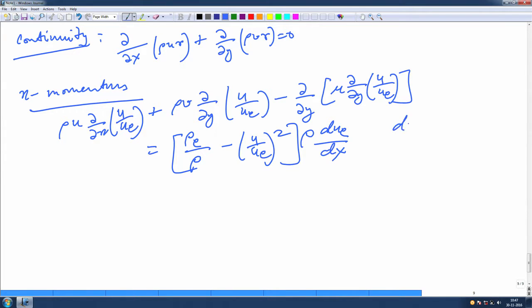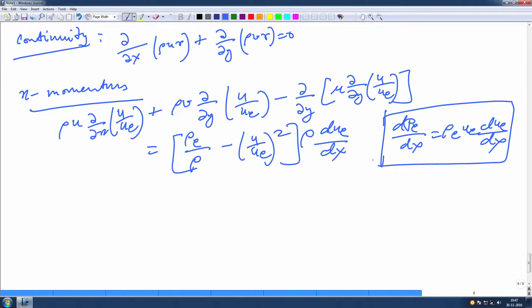Where, do you recall that this comes from the Euler's equation outside the boundary layer, right. So, UE is basically nothing but the potential flow velocity outside the boundary layer.